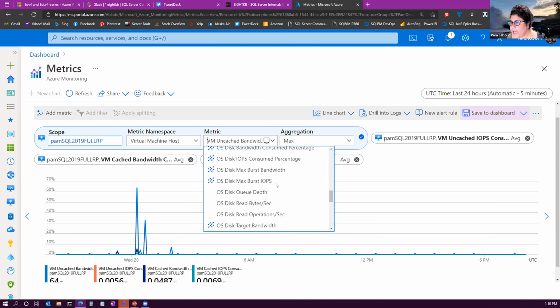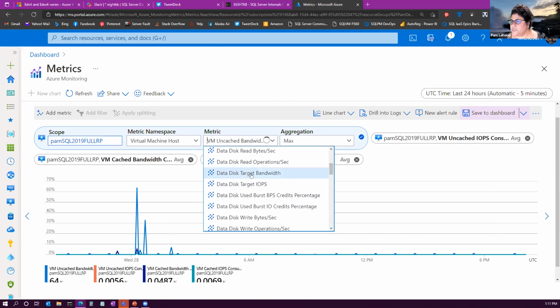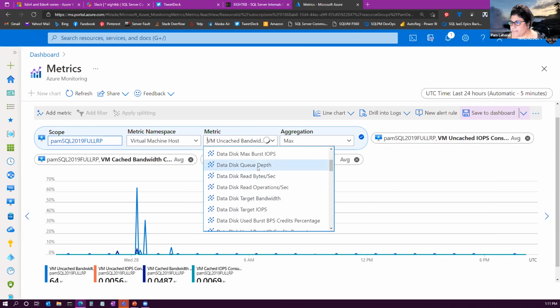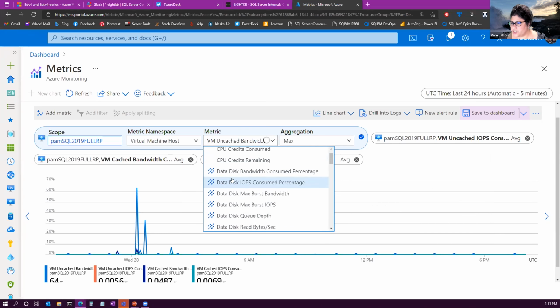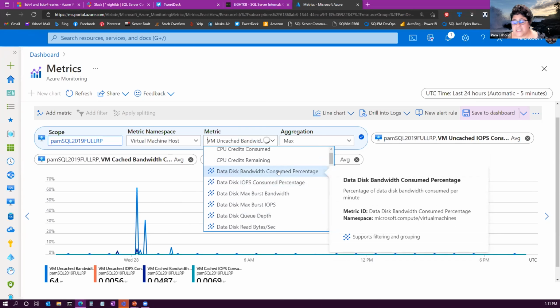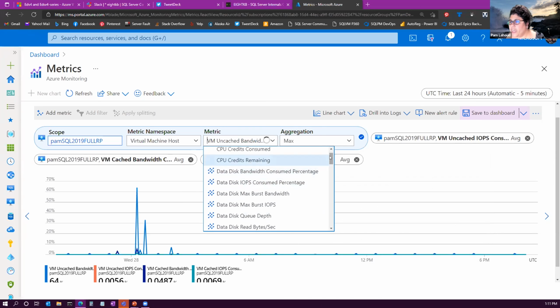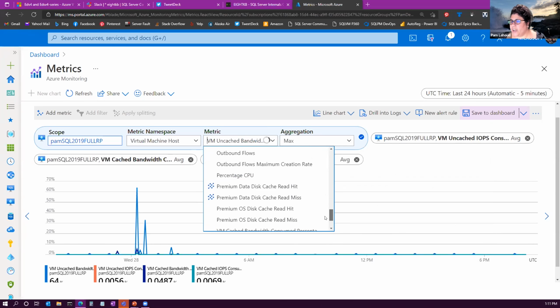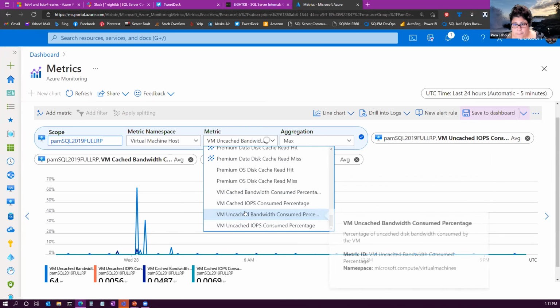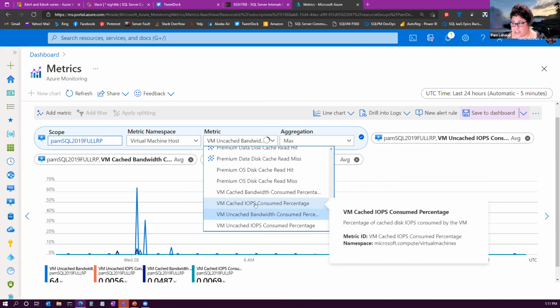And then these are your OS disks, but you're looking for data disks. So for data disks, disk level provisioning, here's your data disk IOPS consumed percentage and bandwidth consumed percentage. These counters will tell you whether or not you're being capped at the disk level. And then you've got the cached and uncached VM level capping. So these are the metrics in Azure Monitor that will tell you whether you are getting capped or not.